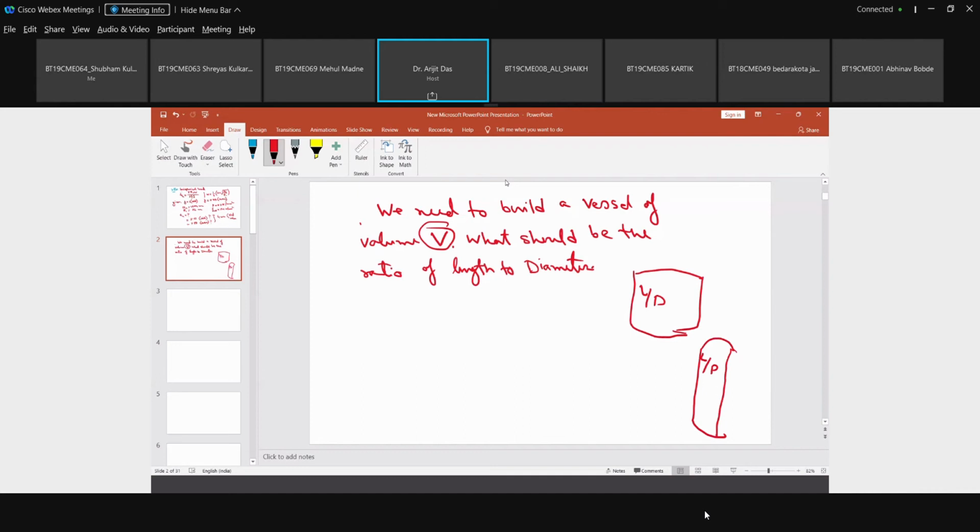It can be estimated by the material or construction needed. So our target will be the optimum L by D ratio for the low cost, or for the less material used. So we will see a technique to estimate the optimum length to diameter ratio of a pressure vessel considering the cost of fabrication.